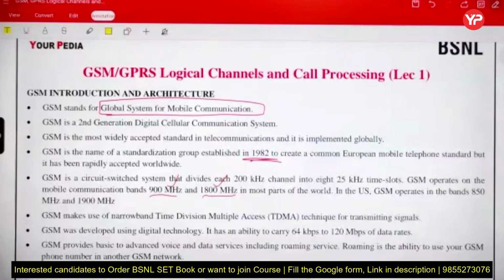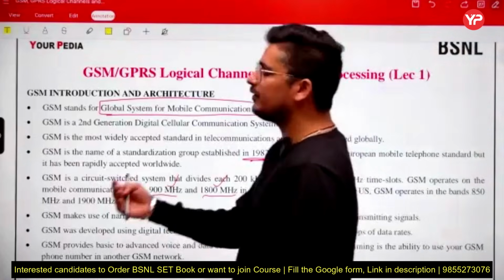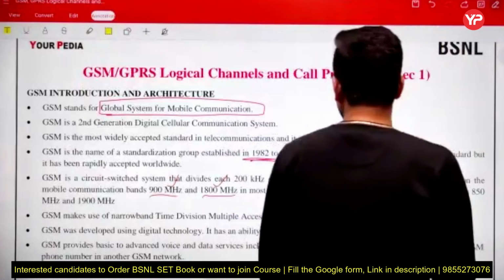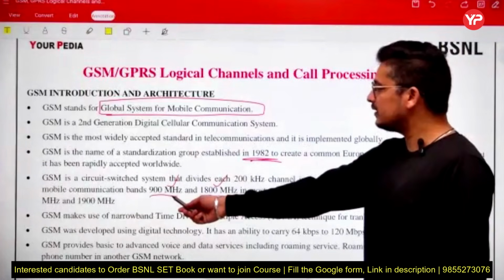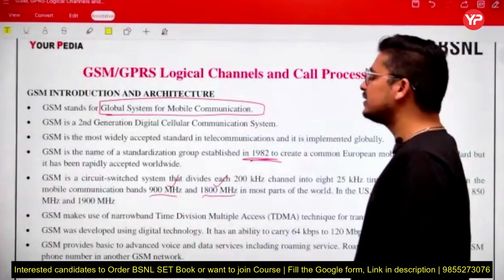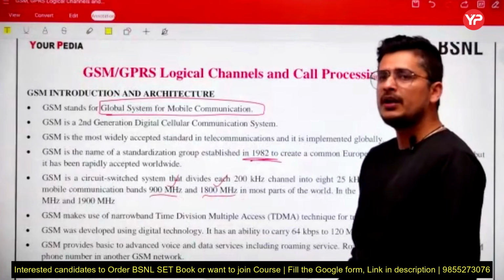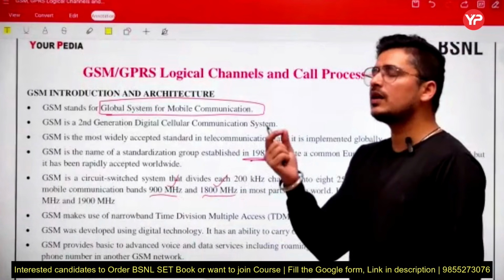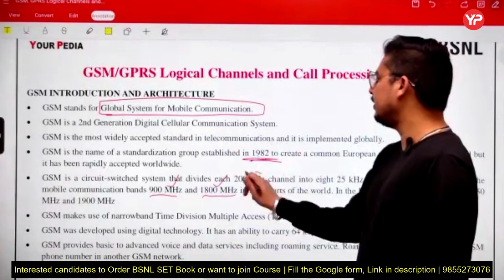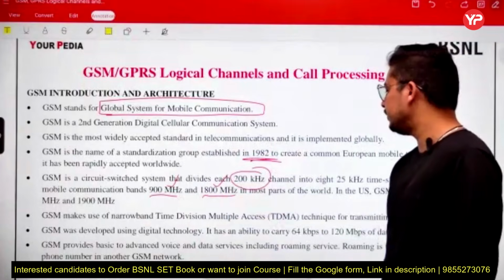The band can change, but the standards and how it works are the same for all countries. In the 900 band, we divide the spectrum into carriers, and each carrier has a bandwidth of 200 kilohertz.